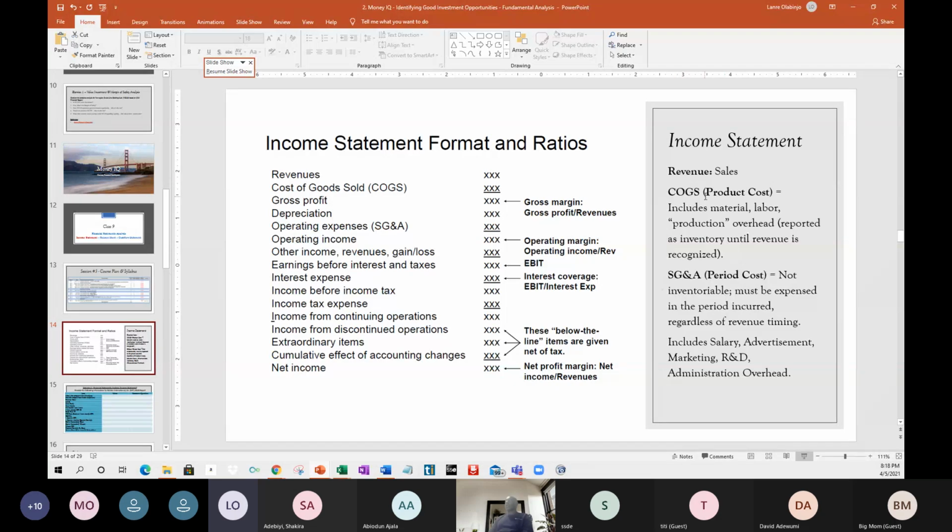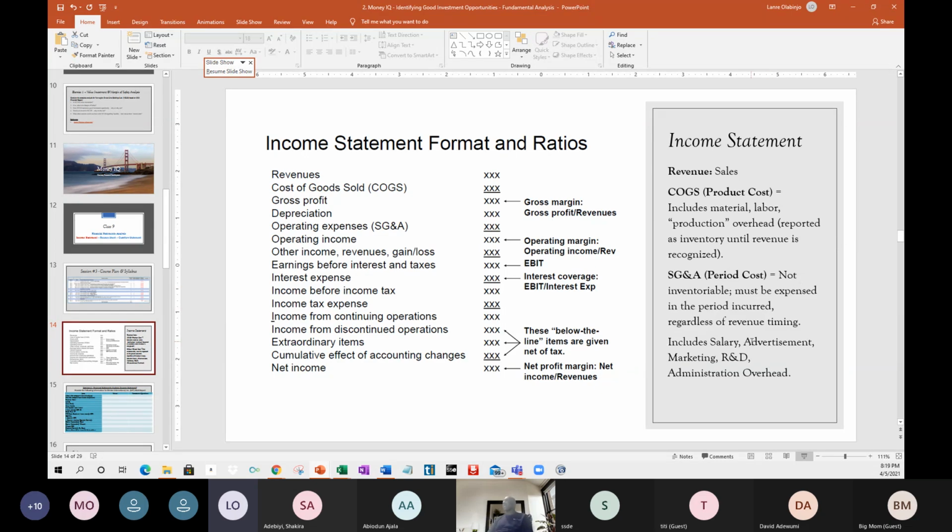Cost of goods sold can be added to an item and recognized as part of the inventory that we will recognize when we sell it. But if it's not inventoriable, you can't keep it, because you need to report it as an expense that you've incurred.